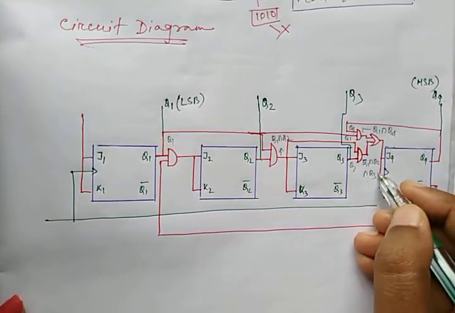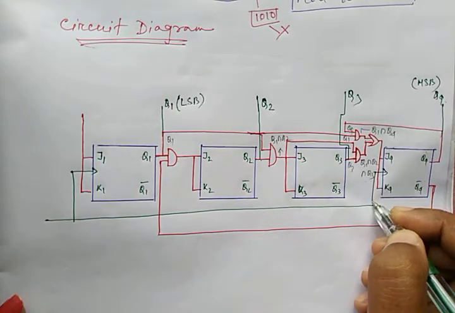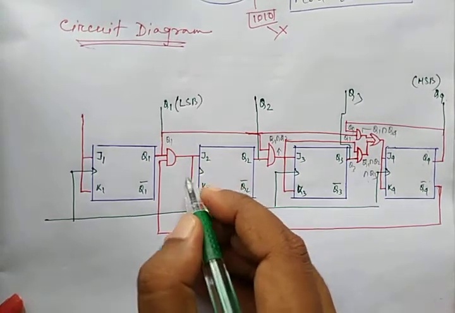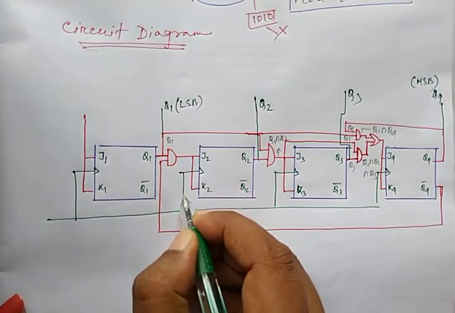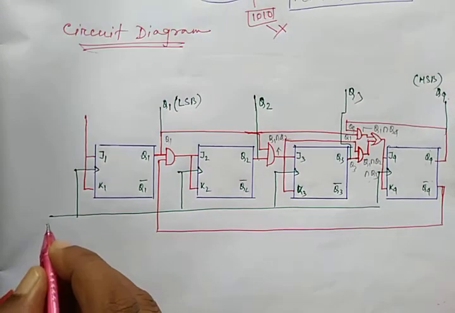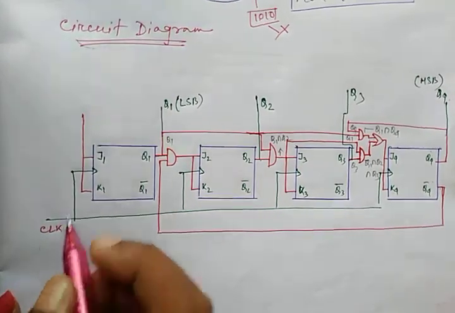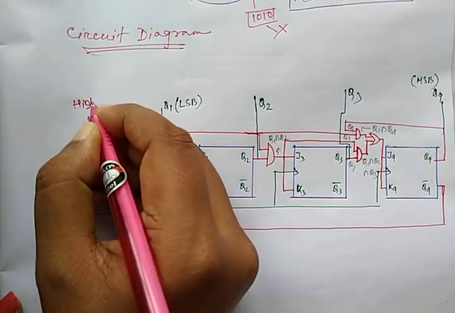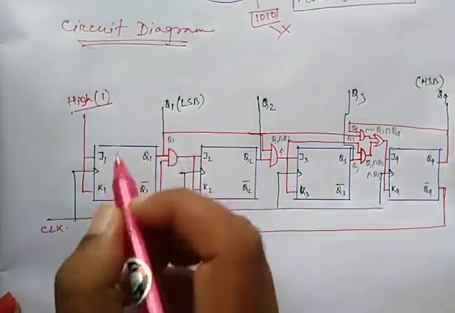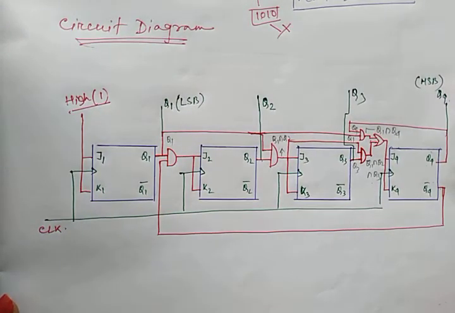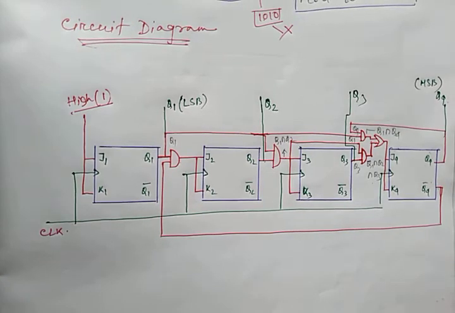We know it very well that for synchronous, every flip-flop must be attached to the same single clock pulse. And here it must be a high signal, because the input of the first flip-flop must be a high value. Clear?